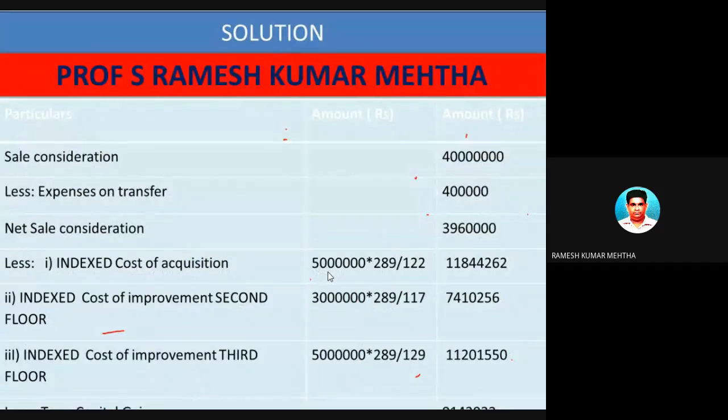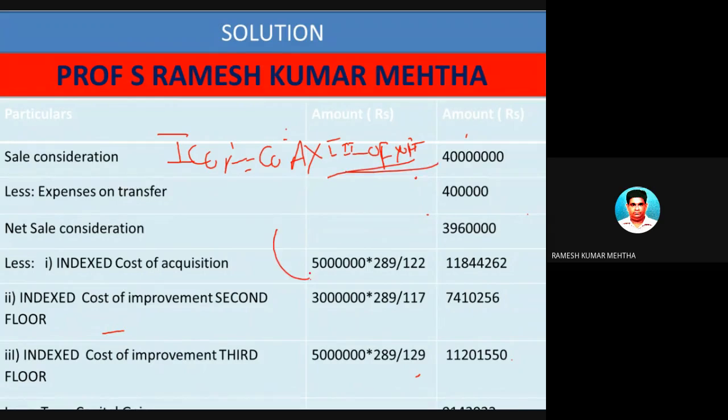I will tell you once again the formula of indexed cost of acquisition. Indexed cost of acquisition is equal to cost of acquisition into the cost inflation index of the year of transfer of the asset. In this particular case, the first time the asset was held by the assessee was in the year 2006-2007. That is the cost inflation index.